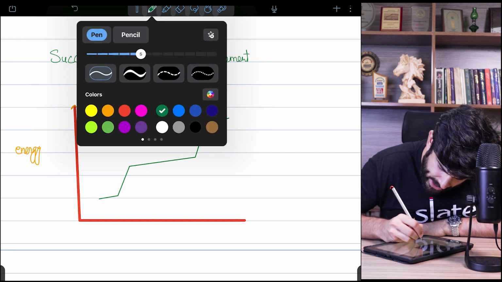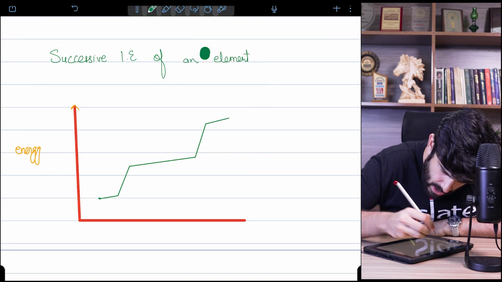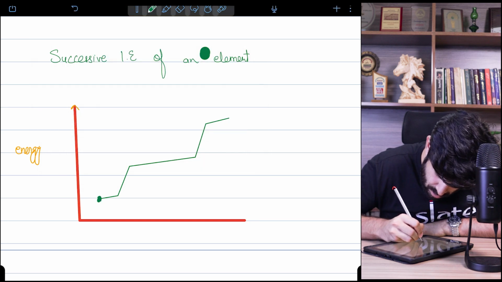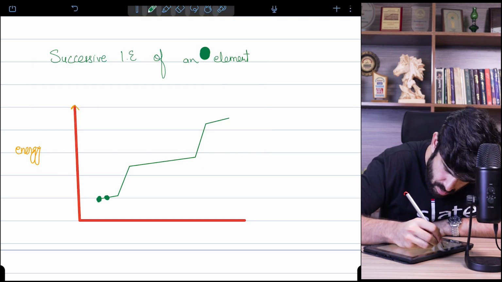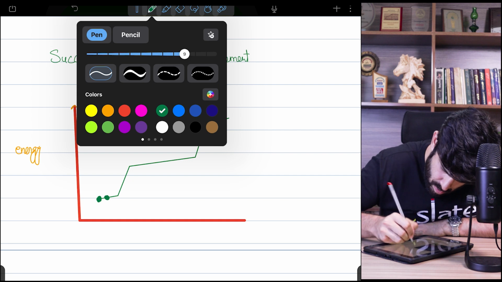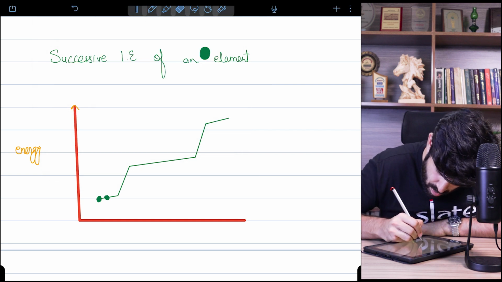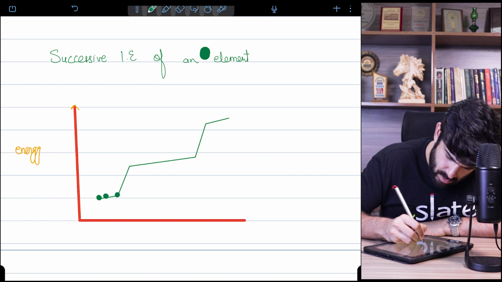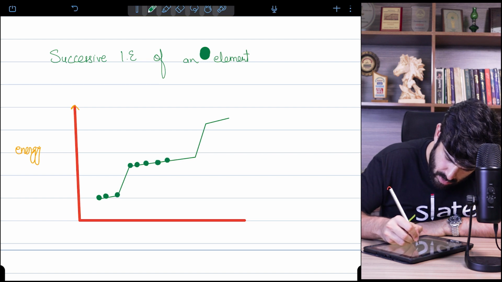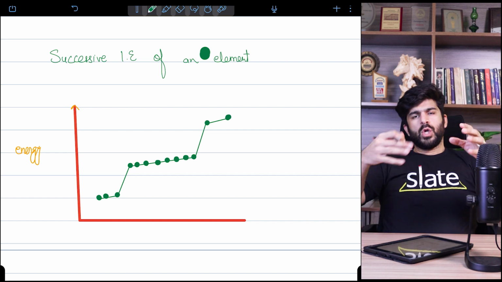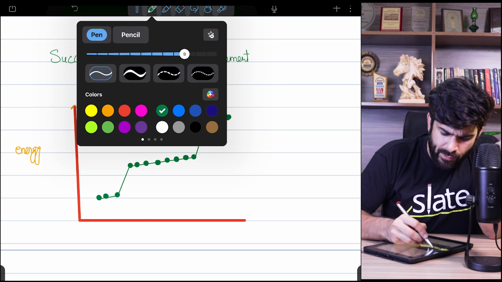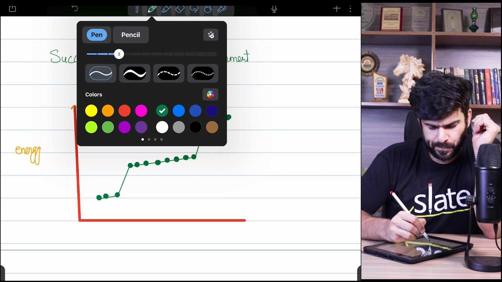Now we are asked to identify what element it is. So let me show you how to do that. You will get such a graph. They will ask you to identify the element.